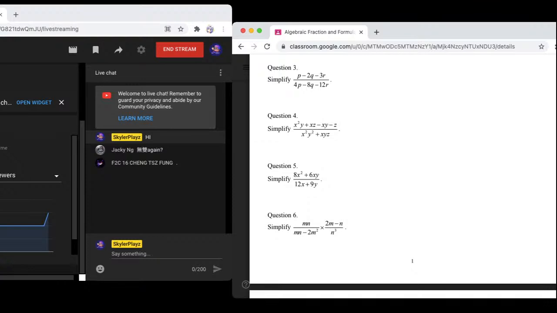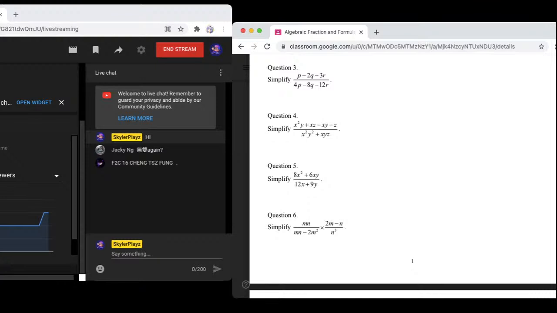Question 24. Simplify x squared y plus xz minus xy minus z over x squared y squared plus xyz minus... and then always do factorization. When we have z, we group it together. Have y, also group it together.